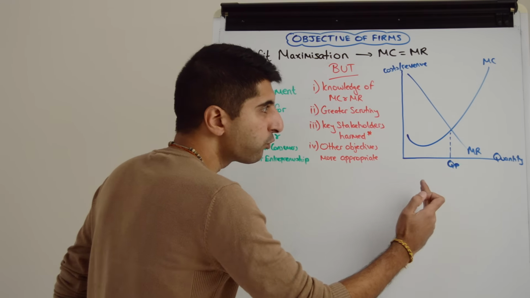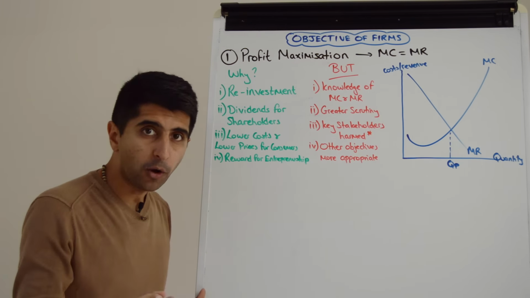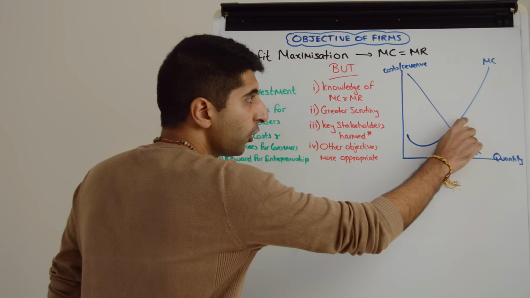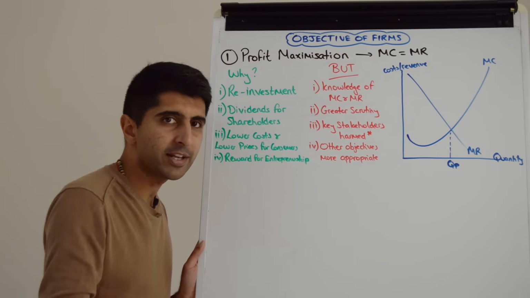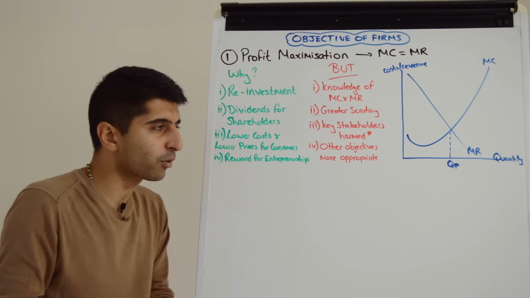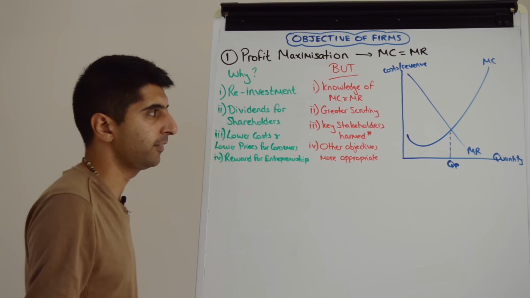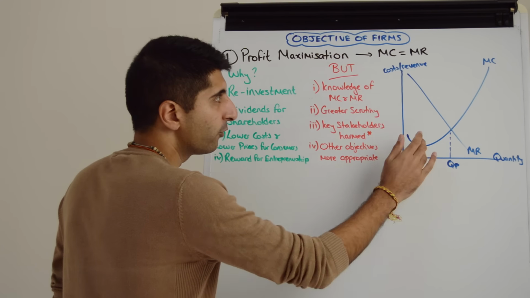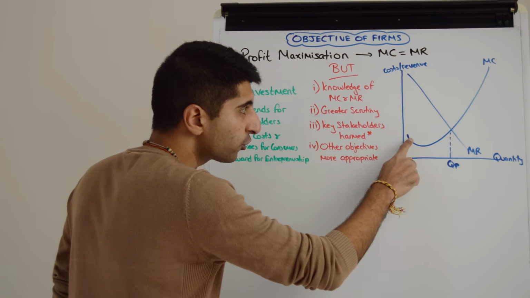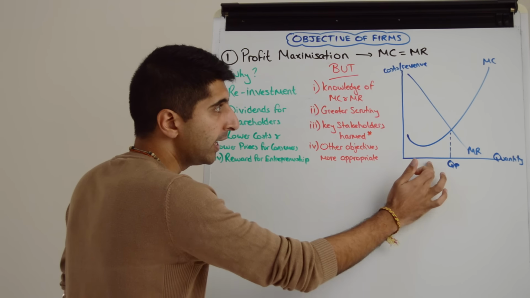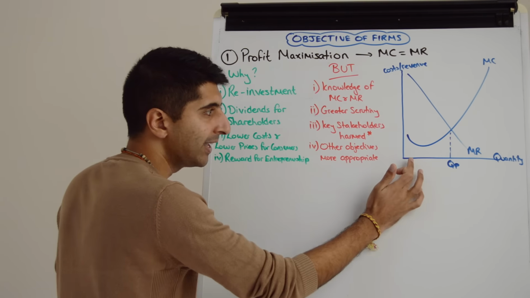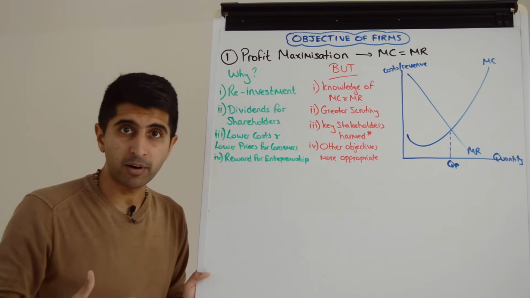Well, any quantity to the right of MC equals MR cannot be maximizing profit because cost is always higher than revenue. So those units there will always be generating a loss and therefore will be reducing profit. So they can't be maximizing profit. What about any point to the left? Why not stop here, where revenue is so much higher than cost? Well, why stop there when each extra unit is going to bring in more revenue than cost, i.e. each extra unit is going to generate profit.